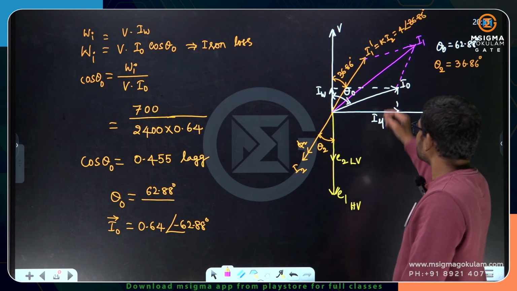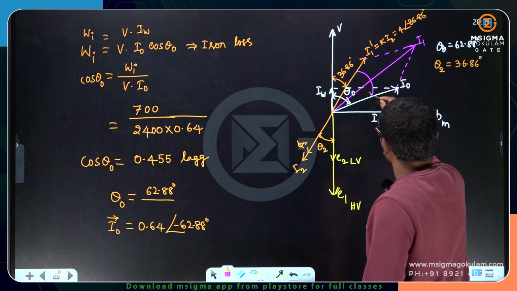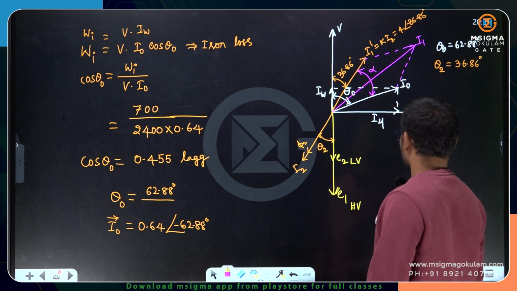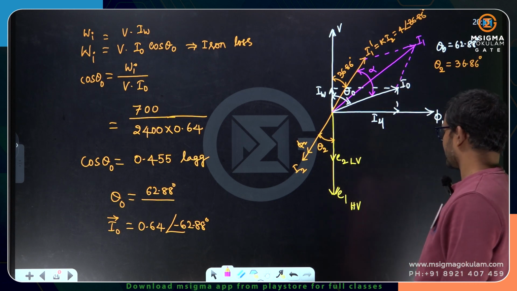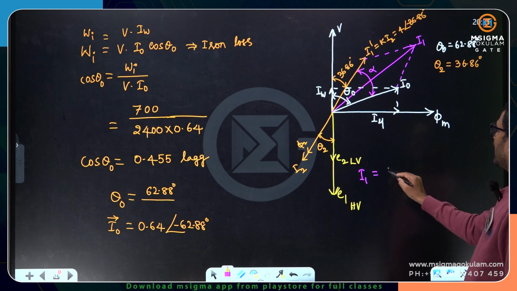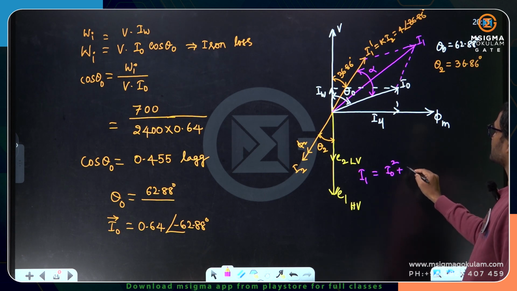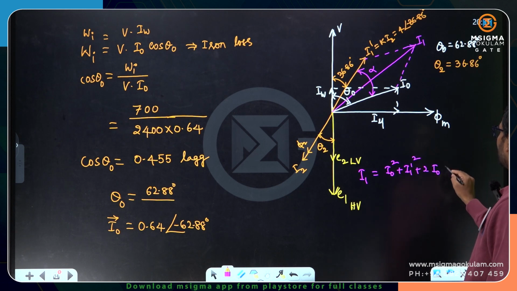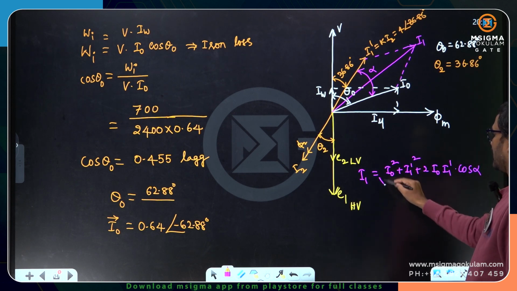This is the resultant theta, or alpha, you need to consider. If you solve it, you will get it. Let me take I1 equals the square root of I0 square plus I1 dash square plus 2 I0 into I1 dash into cos alpha.